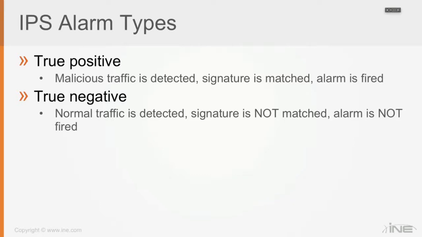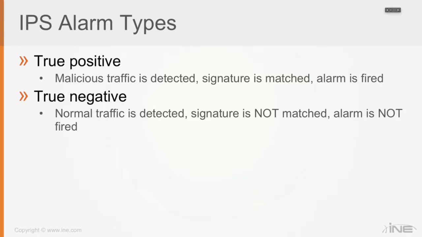True means there was an event happening, something bad happened. Then if it's positive or negative: true positive means that malicious traffic is detected, the signature is matched, and the alarm is fired. True negative means that normal traffic is detected, the signature is not matched, and the alarm is not fired.